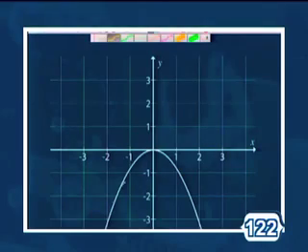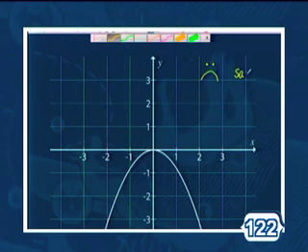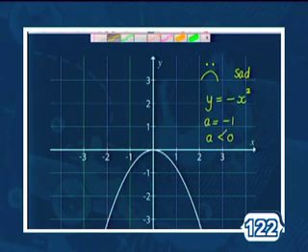Now you can see that what we've got here is a sad face. So we talk about this as being a sad parabola. However, it has come about in this particular case because the a value is a negative 1, and so my a is a negative quantity.